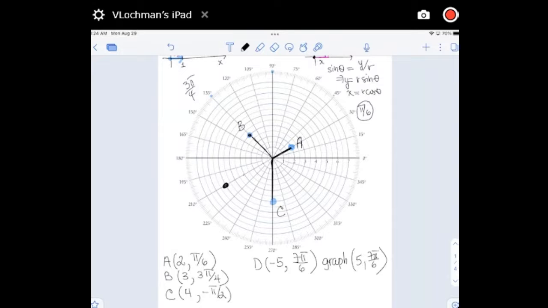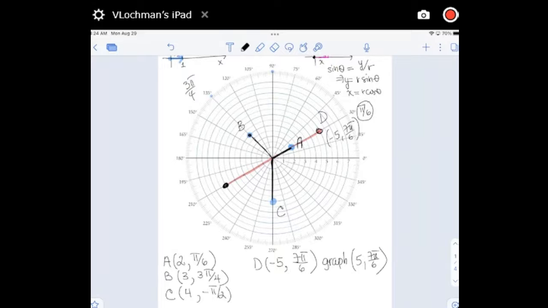That's 5, 7 pi over 6. We want negative 5. So what we're going to do now is project this across the origin. I'm going to go all the way to the origin and keep going until I hit 5. So that would be over here. Same distance, 5 is right here. So that is my point D. That's negative 5, 7 pi over 6.